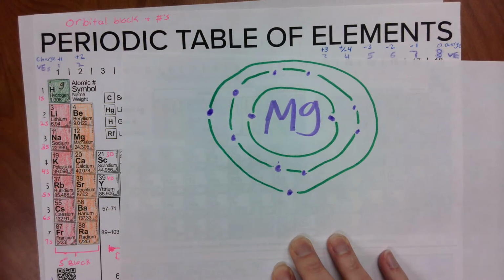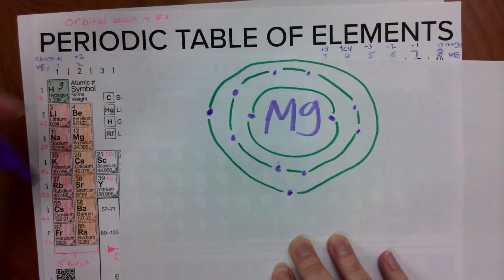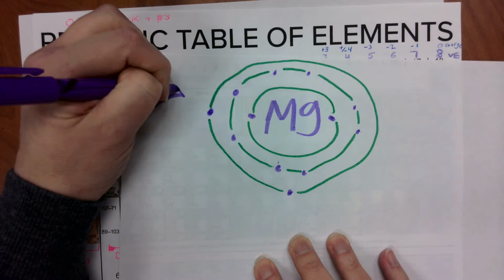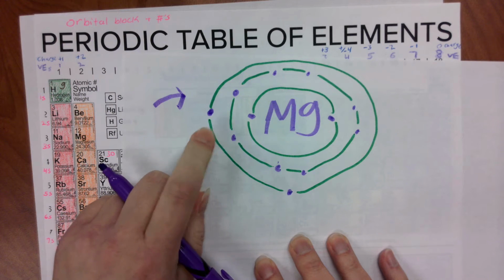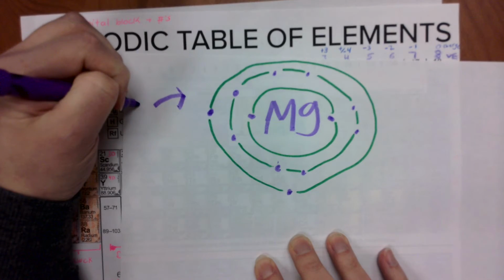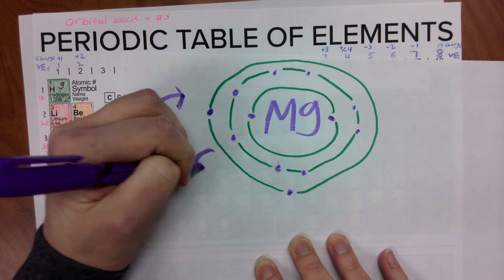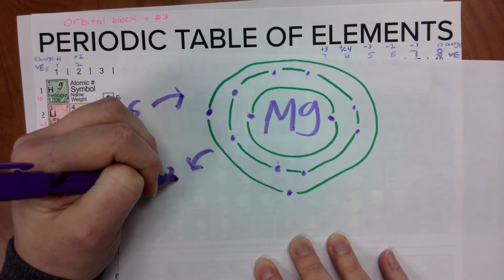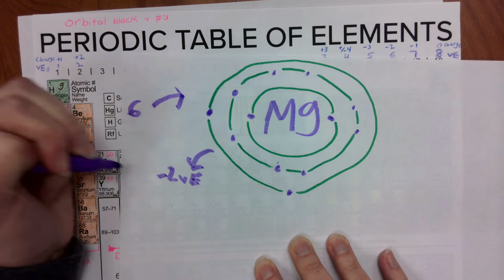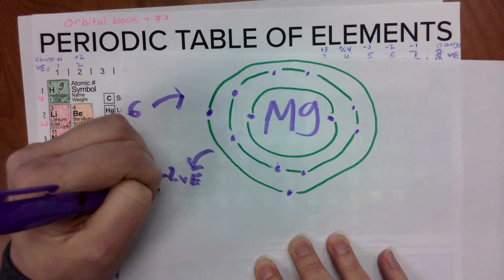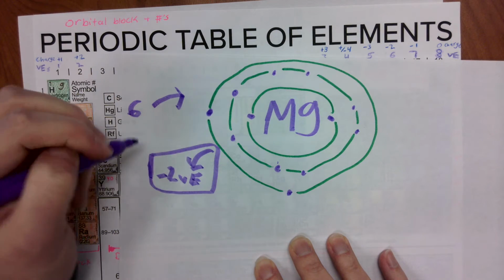Okay, same thing with magnesium. It either has to pick up enough to get to 8 out here, which means it has to pick up 6, or ditch these extra 2 valence electrons. And magnesium is going to ditch those.